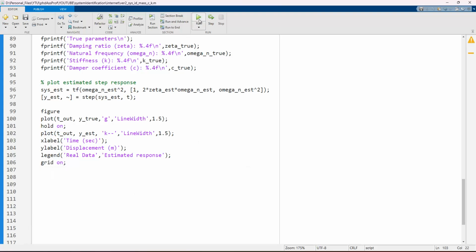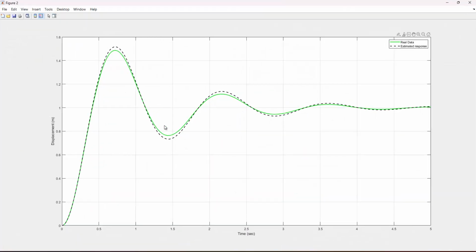If I plot the estimated step response, the real data is the green line, and the dotted black line is our system response. They are close to each other, which is a good result for the second order system characteristics.